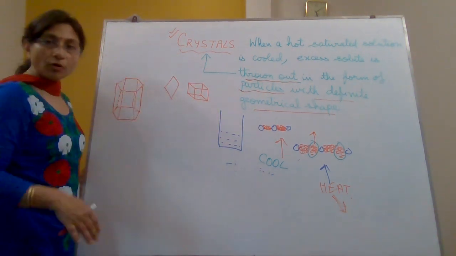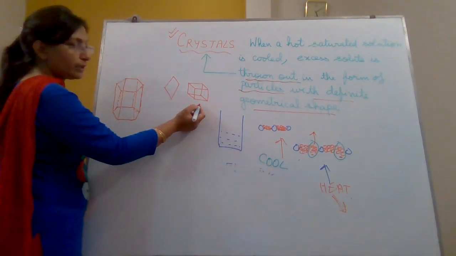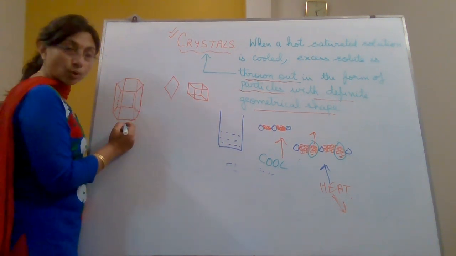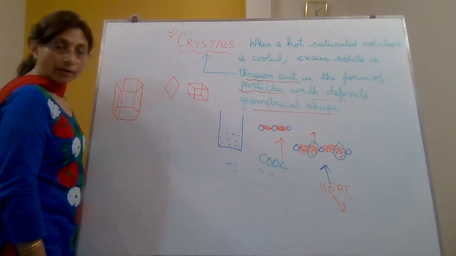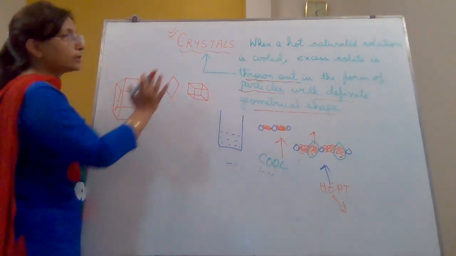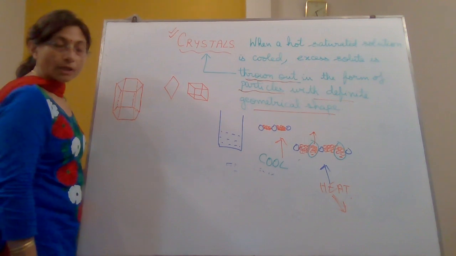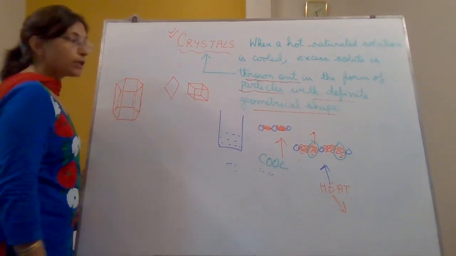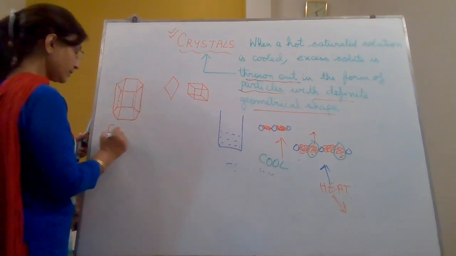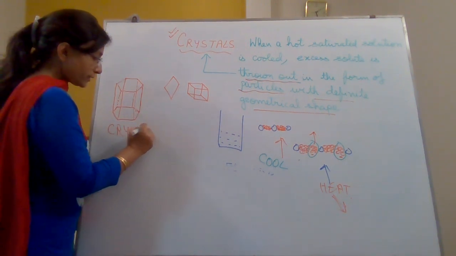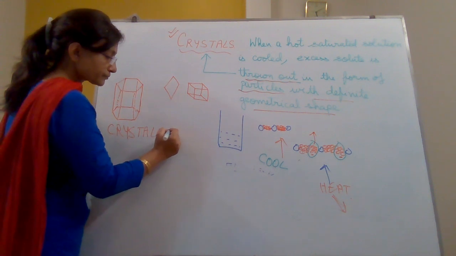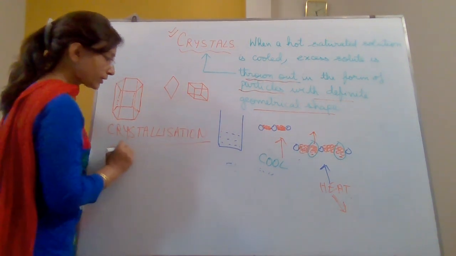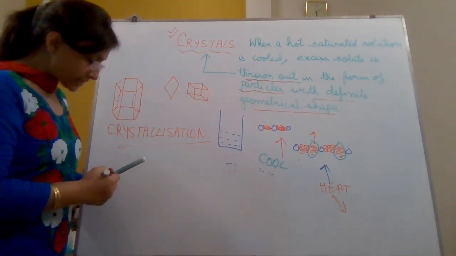These crystals can be of many shapes. They can be rhomboid, cuboid, needle shaped, hexagonal, and so on. Right? So this is the crystal formation. Now what is the process of the formation of crystals known as? We call it crystallization. So what is crystallization?